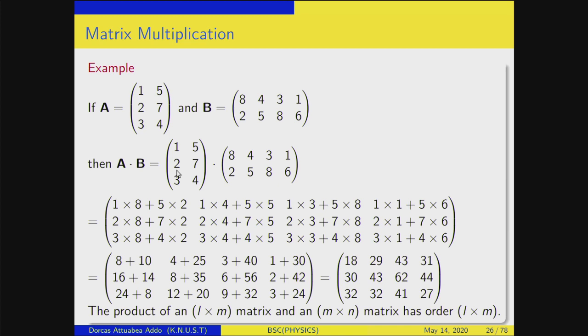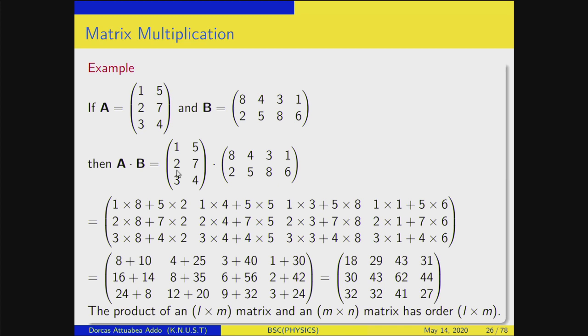If you pick the third row, you realize that the third row on each column, you have 3 times 8 plus 4 times 2. That's for the first entry, 3, 1. Then 3, 2, the second entry is going to be 3 times 4 plus 4 times 5.